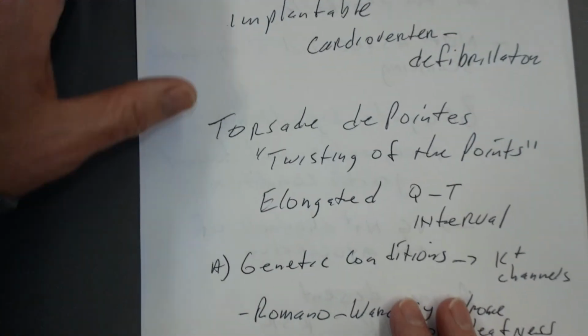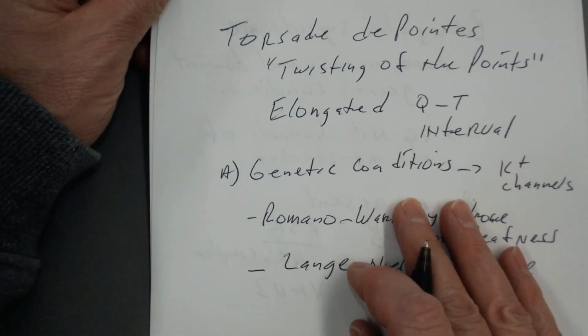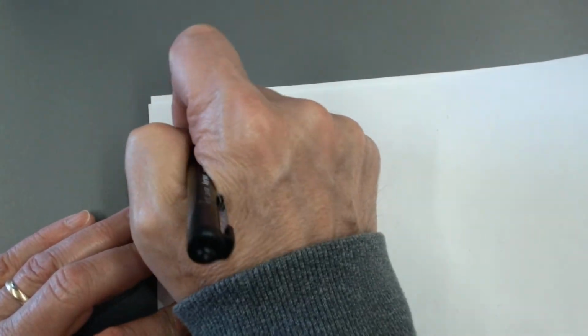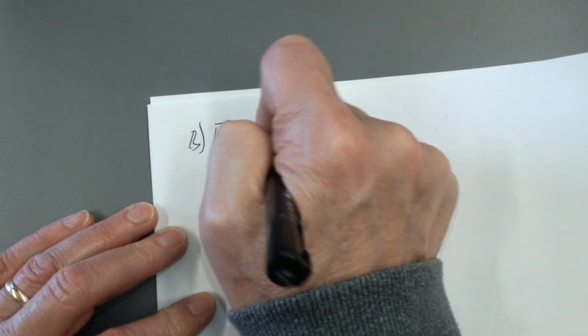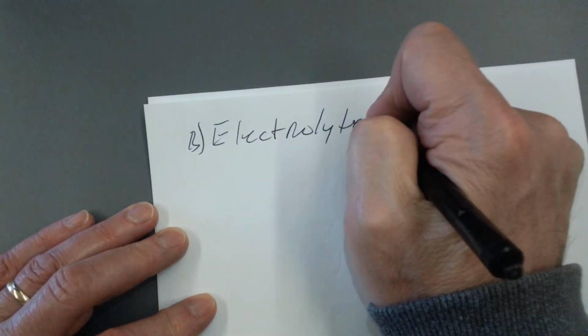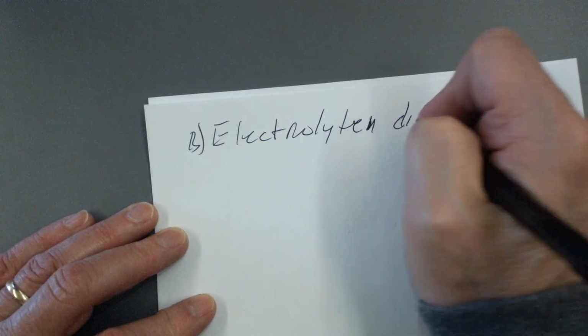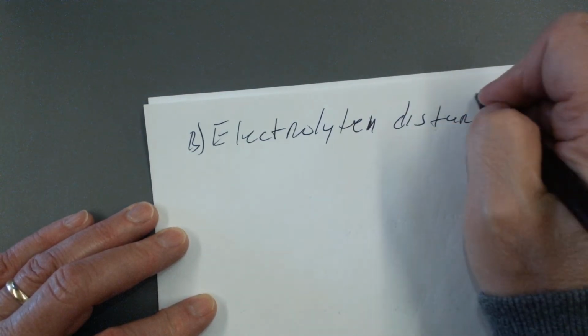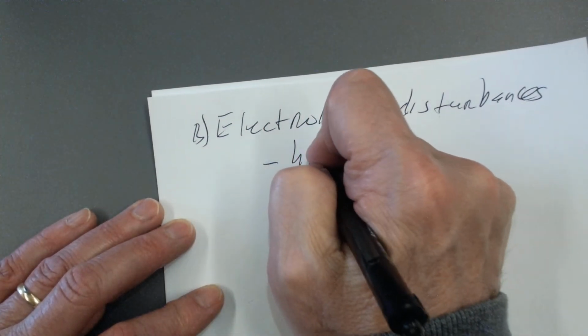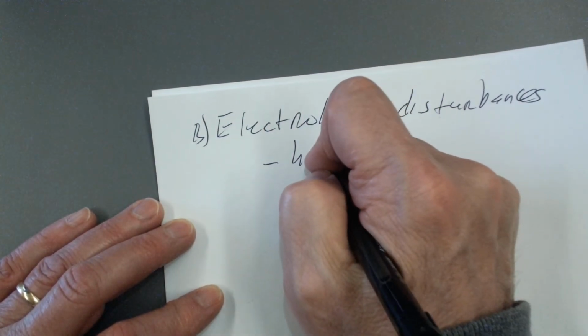You can also get this elongated QT interval from electrolyte disturbances. So, for example, hypokalemia.